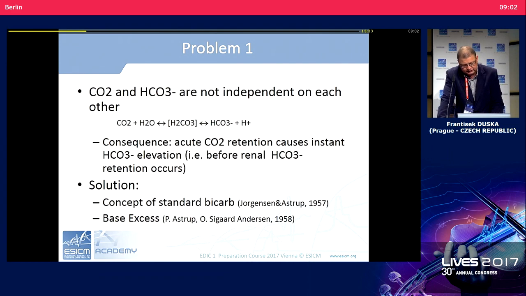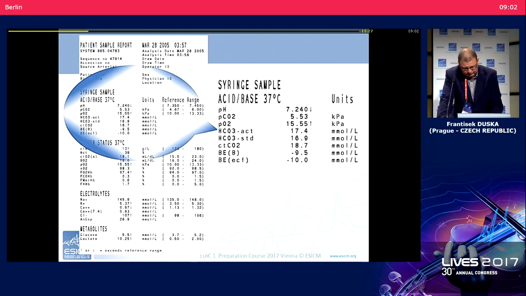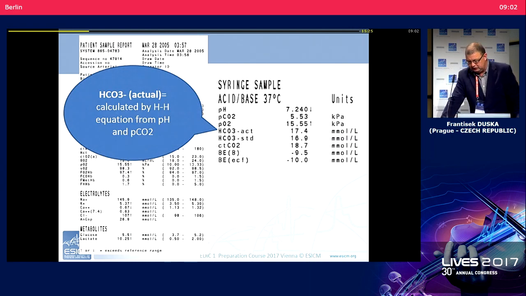Base excess does the same, it's very similar, and that's why you sometimes get these values on a blood gas strip. Actual bicarbonate is calculated directly from the Henderson-Hasselbalch equation: PCO2 is measured, so is the pH, and actual bicarbonate is derived from this equation.